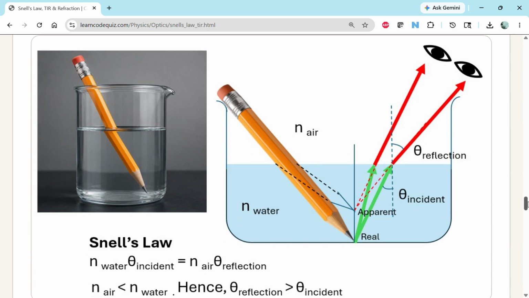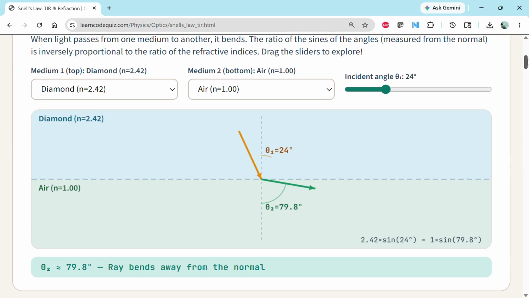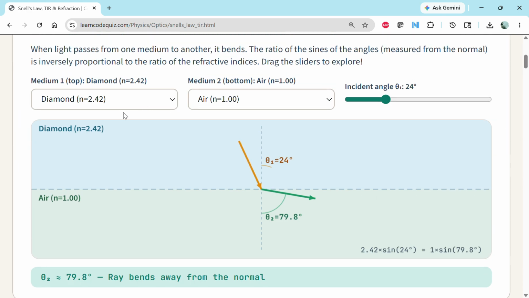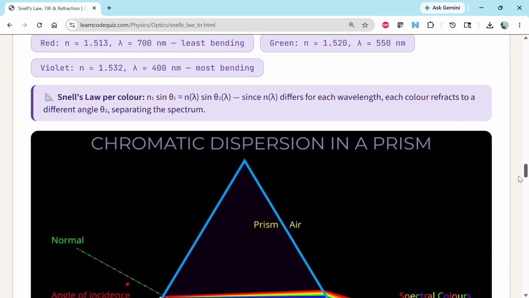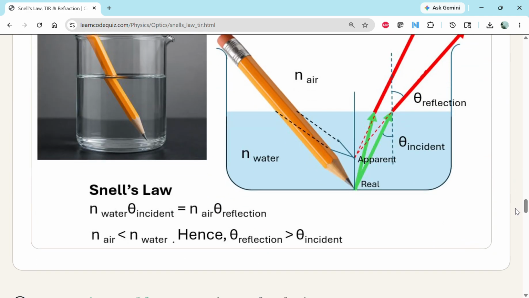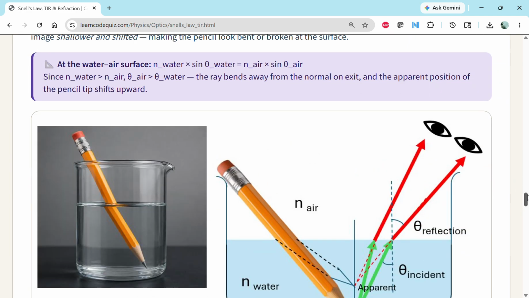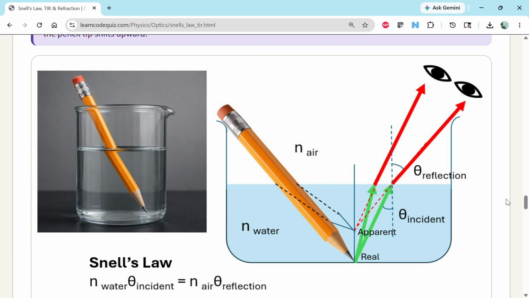And let's see, if you have light going from water to air, look, the angle of incidence, the light coming in, it's a small angle of incidence, but going out with a larger angle of refraction. And same thing here, that light goes out with a larger angle of refraction.